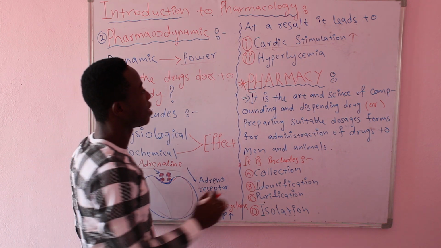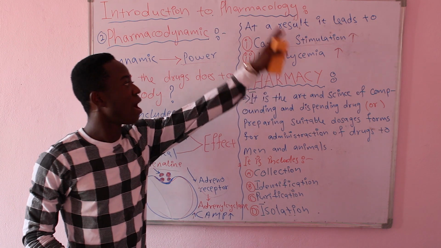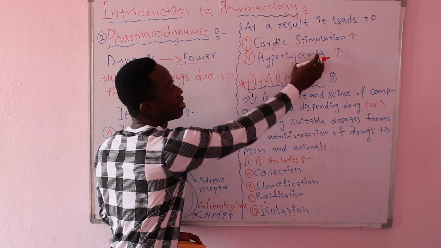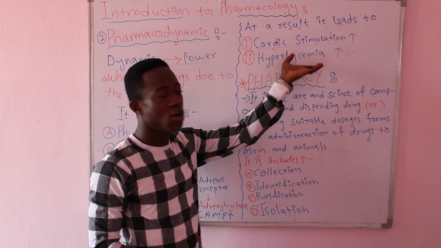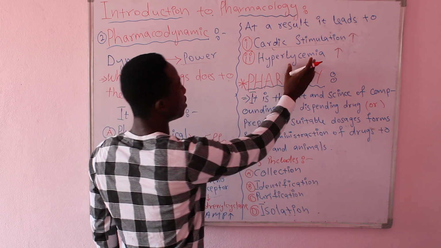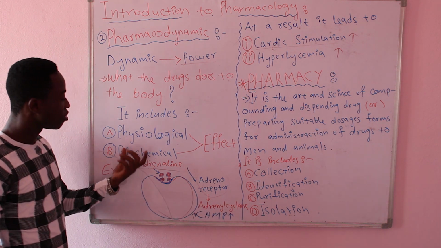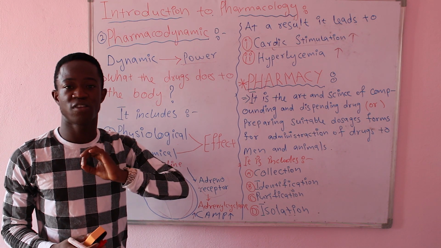Another one is hyperglycemia. It will also lead to a high level of sugar. The word glycemia means sugar, and hyper means high. So you also get a high sugar level in the body. The increase of adenylyl cyclase is what we refer to as the physiological effect.